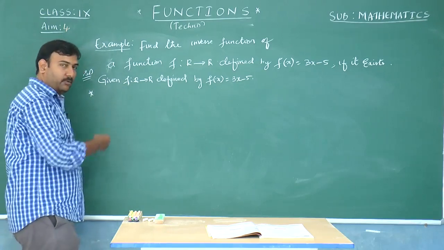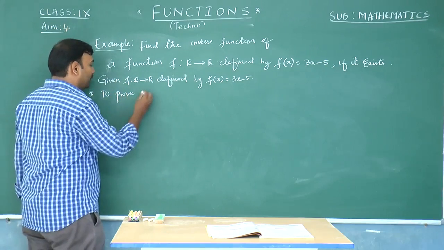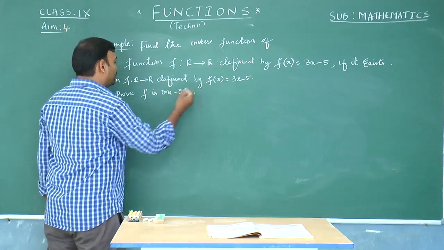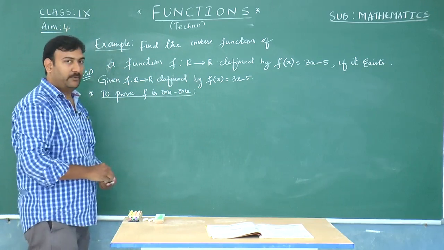Observe the process we are going to follow. First we are going to prove f is one-to-one. Before we prove it, we need to confirm whether the function is one-to-one.